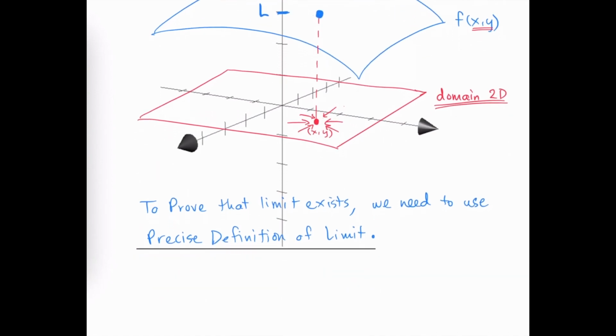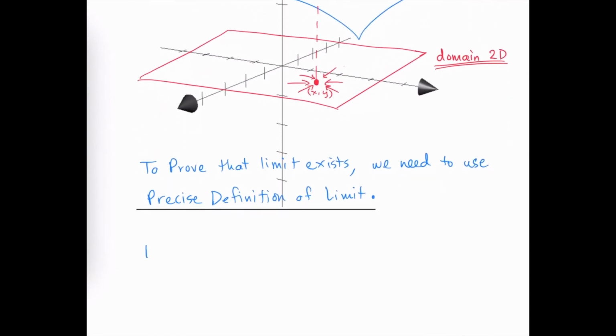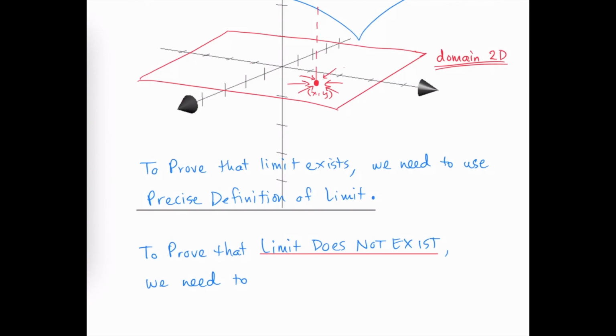It's a lot easier to prove that a limit does not exist. In order to prove that a limit does not exist, what we would need to do is to find two paths that we can approach this domain element from, where those paths generate different limits.